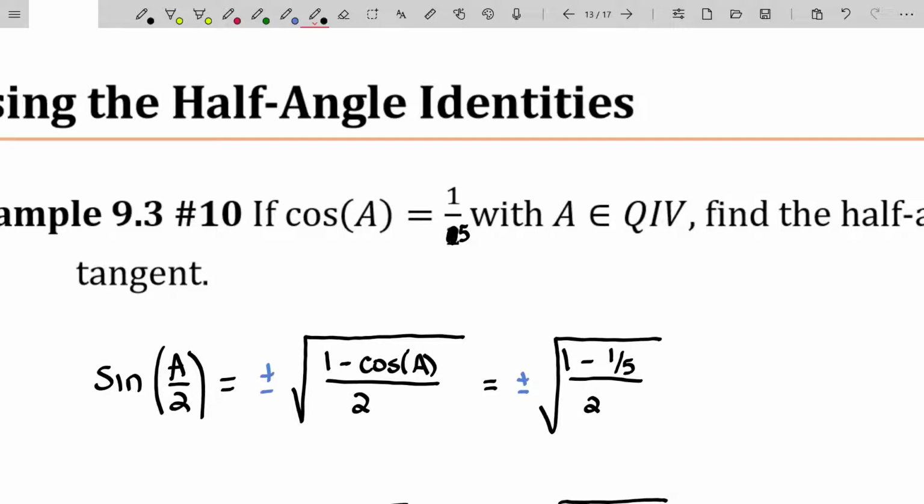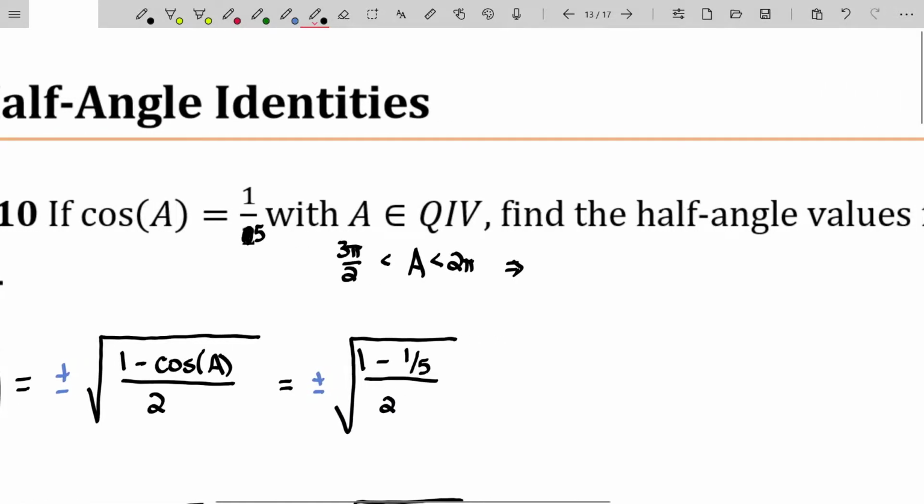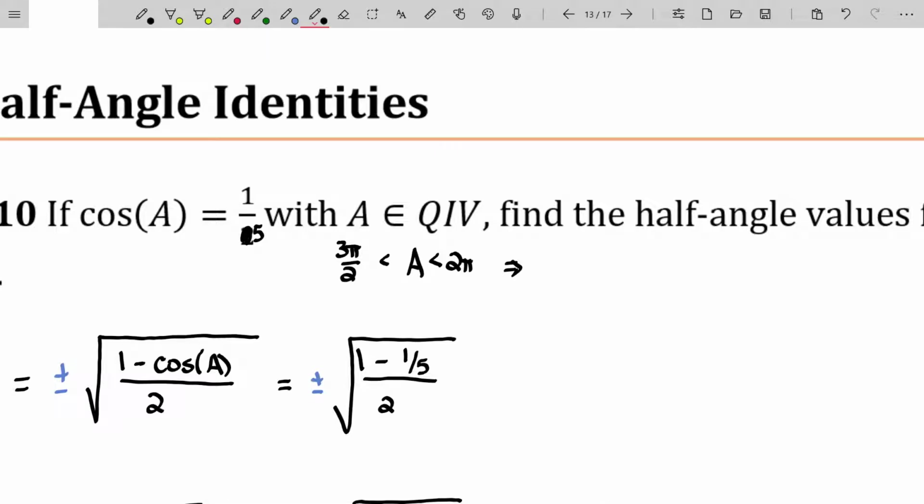Well, if A terminated in quadrant 4, that means A is between 3 pi over 2 and 2 pi, which implies that dividing all three sides of that inequality by 2, A over 2 lies between 3 pi over 4 and pi.